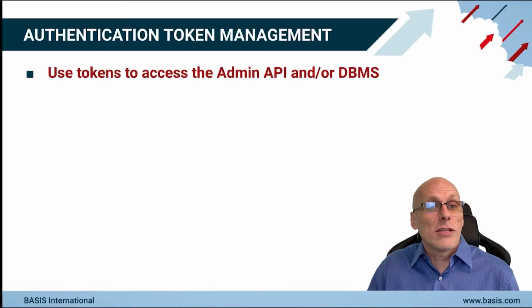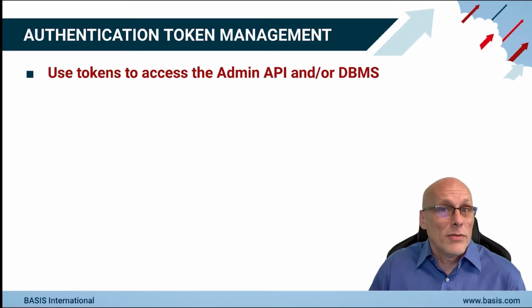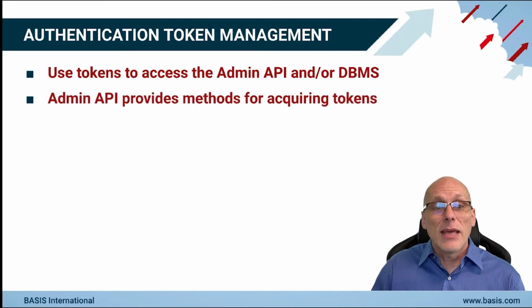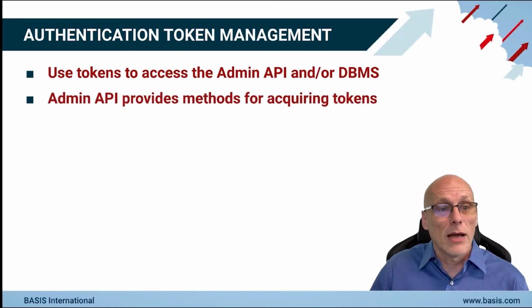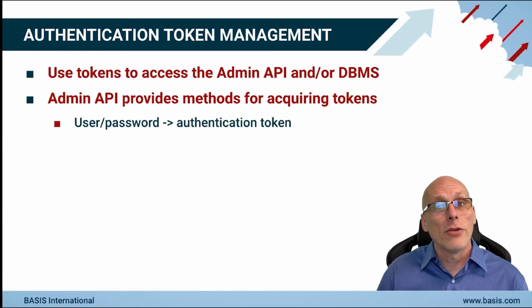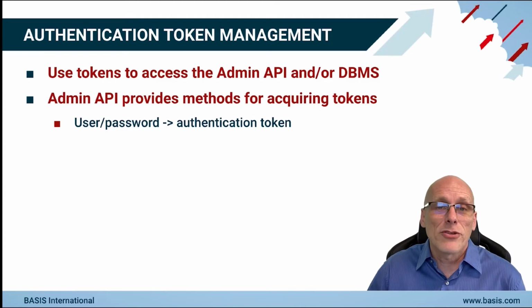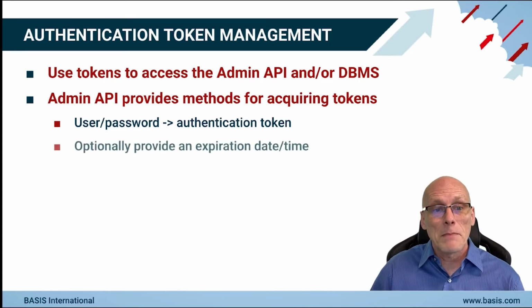Now, when you use these tokens, you can use them to access the Admin API or the DBMS via JDBC or ODBC connections. The Admin API provides some methods for acquiring tokens, which is very helpful, where you would provide a username and password, and that would then spit you back an authentication token that you would use in lieu of that username and password whenever you needed to establish another Admin API connection or a JDBC or ODBC connection.